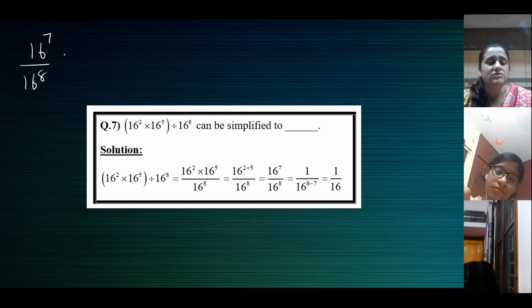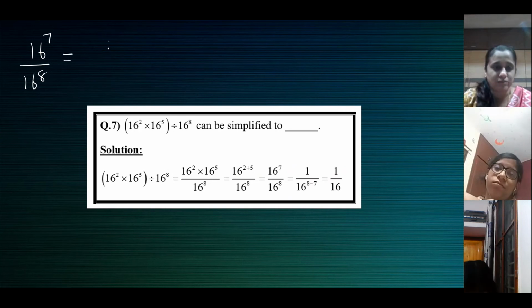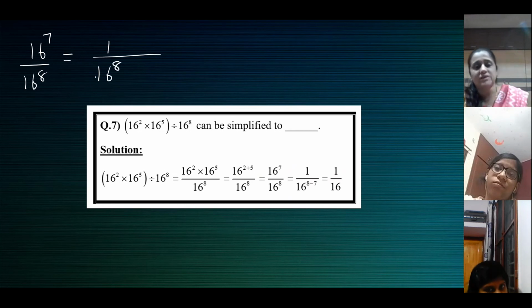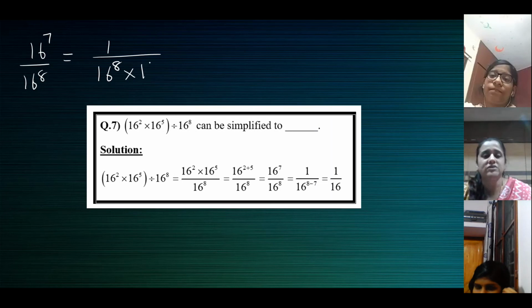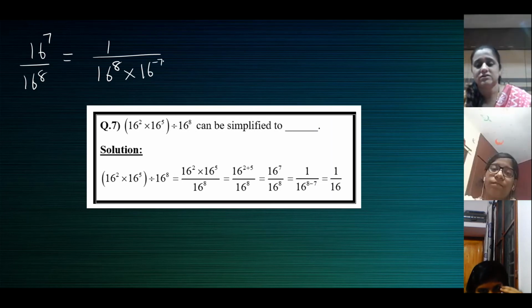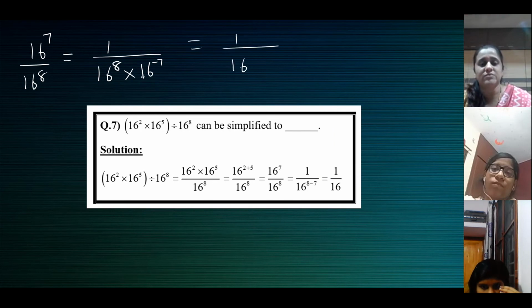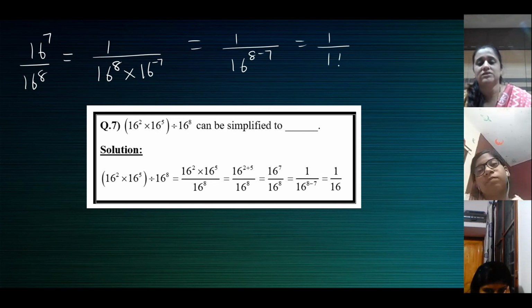Just think of it like this. If 16 to the power 7 comes down to the denominator, what will happen? I'm going to change its sign. It will become 16 to the power minus 7. So it is 1 by 16. Now bases are same, it's multiplication, add the powers, 8 minus 7, which is equal to 1 by 16.